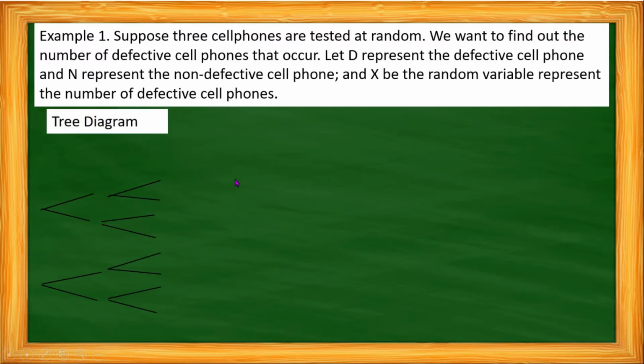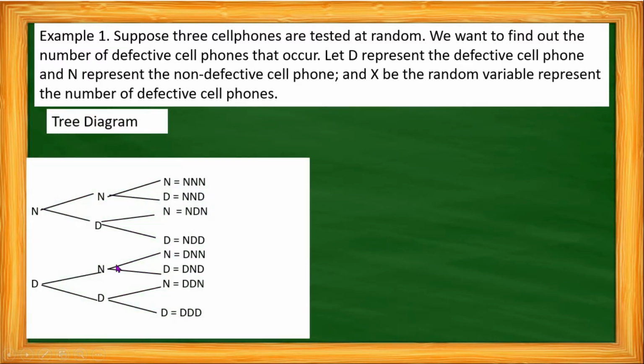Okay, using the tree diagram, for the first pick, the possible outcomes, you can pick a non-defective cell phone or you can pick a defective cell phone. This is the result of your first pick.